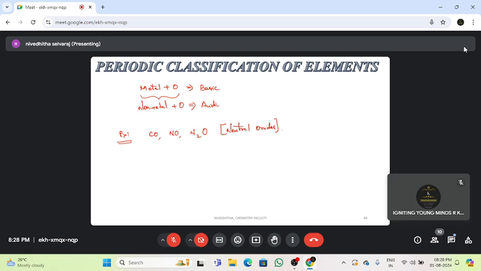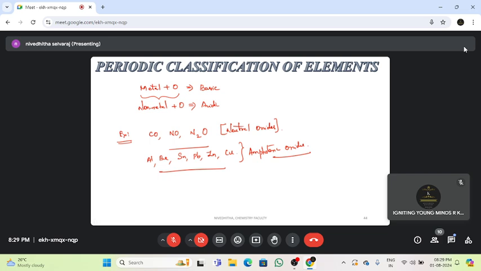So metal oxides like oxides of aluminium, beryllium, tin, lead, zinc, copper may act as amphoteric oxides. Is that clear?